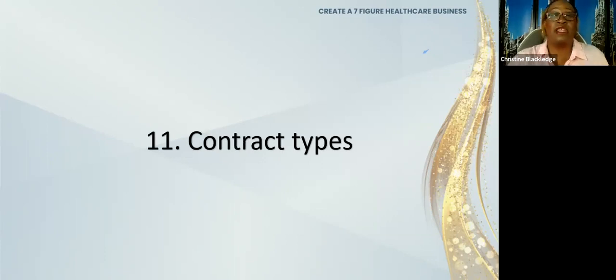So what contract types are you looking to get? Now, I did discuss earlier about the types of contracts like NHS, care home, private sector, for example. You can do embassies, you can do schools. The list is endless.